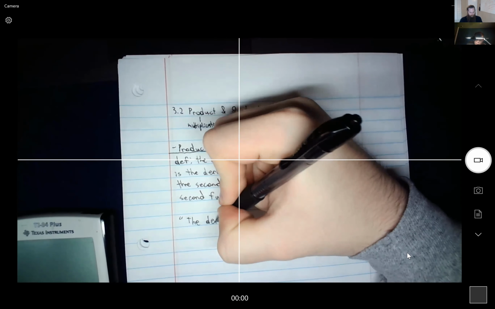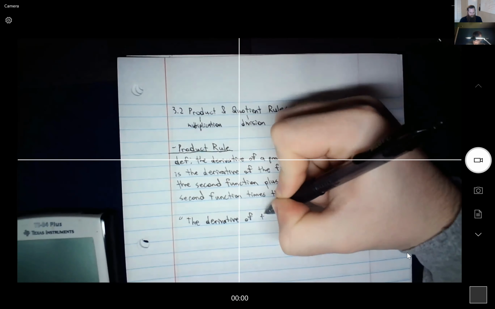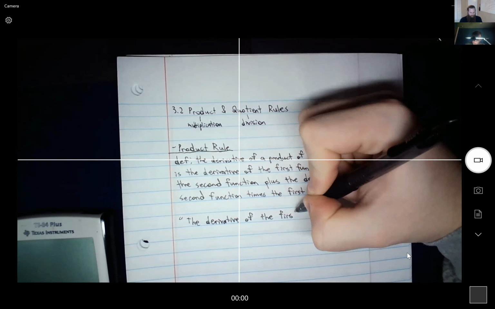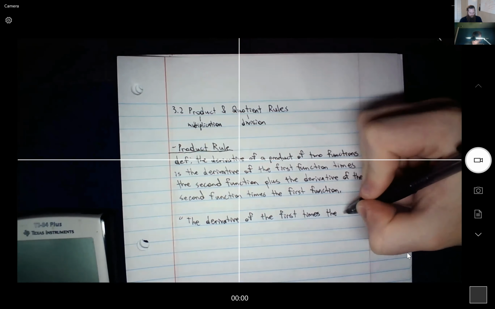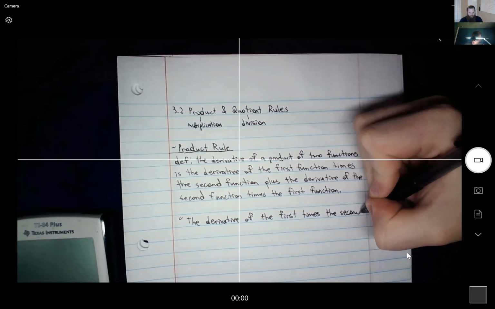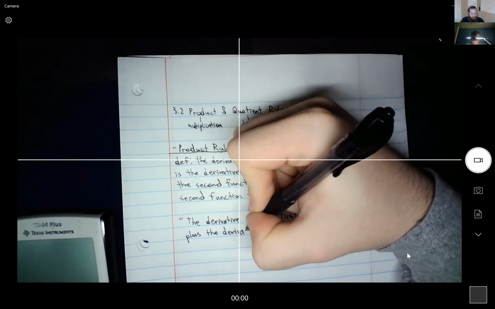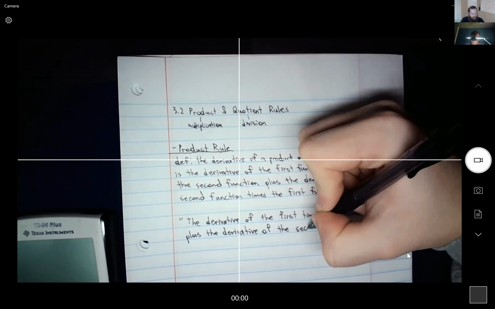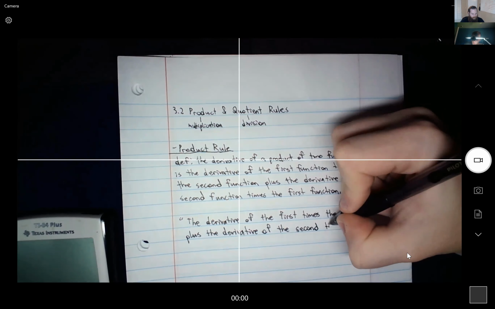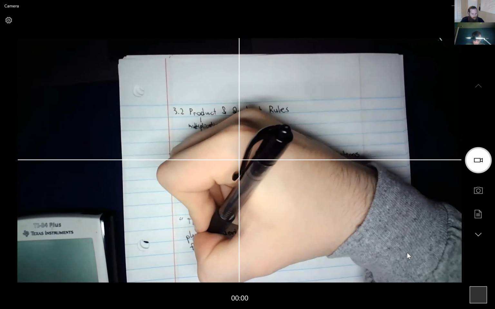the derivative of the first times the second plus the derivative of the second times the first.